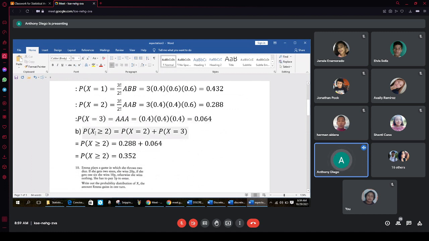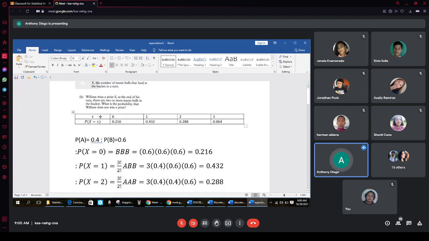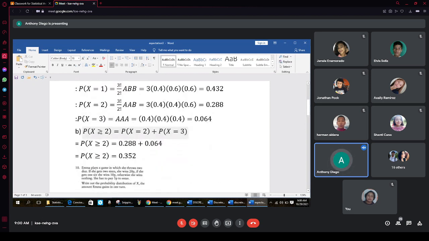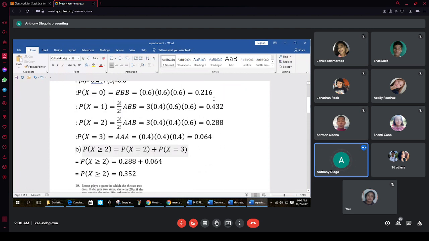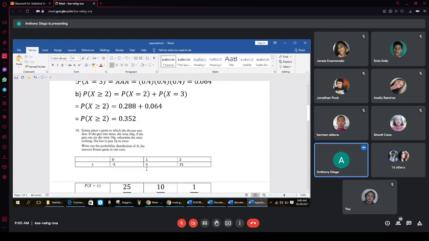That will be the probability of X greater than or equal to 2, because it's saying here that William will win a prize if at the end of his turn there are 2 or more tennis balls in the bucket. So we go back to our table, that will be the probability of X equals 2 and the probability of X equals 3. We add those, and our answer will be 0.352. Any questions there?